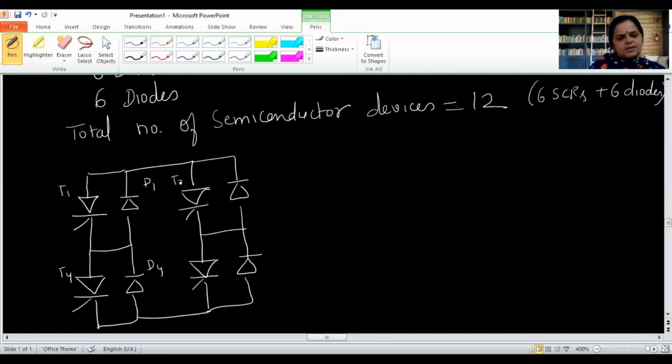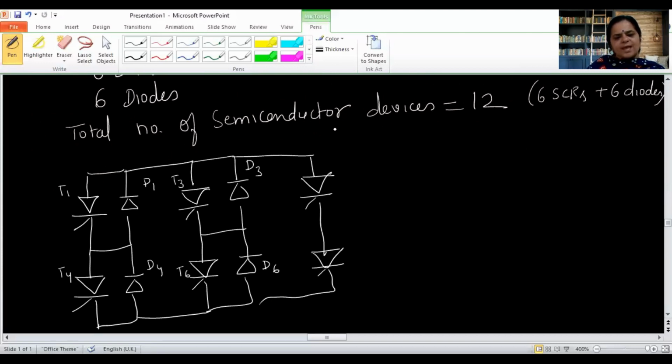This is T3, this is D3, this is T6. Then one more leg. So basically it has 3 legs of SCRs. Each leg has 2 SCRs. So the total number of SCRs used is 6, and 3 legs of diodes. So this is T5, this is D5, this is T2 and this is D2.